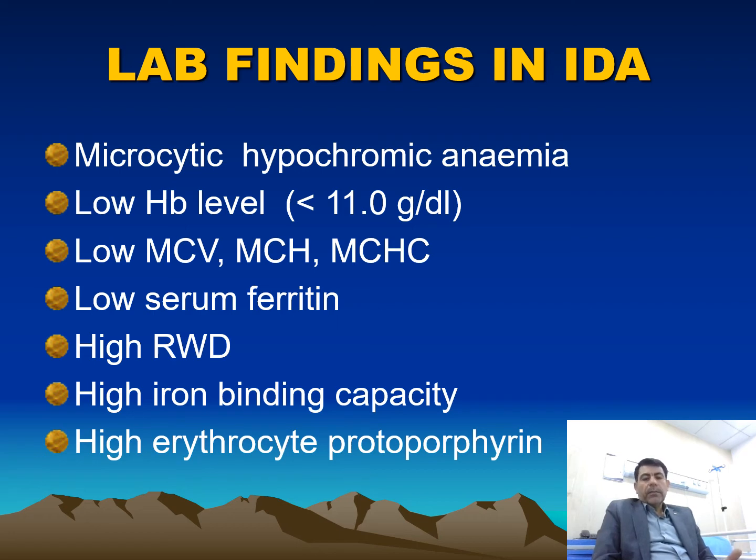Ferritin level is low, but RDW, the red cell distribution width, is high. Total iron binding capacity is also high, and erythrocyte protoporphyrin is also high. So we have 3 high and 3 low, in addition to the microcytic hypochromic anemia.